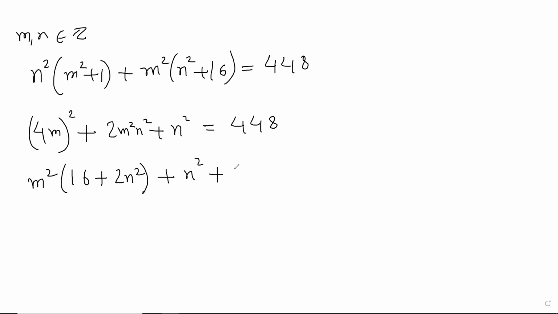So I can write this. I can take half common, or maybe I'll write 16 here only, and this becomes 8, and then you can factorize.